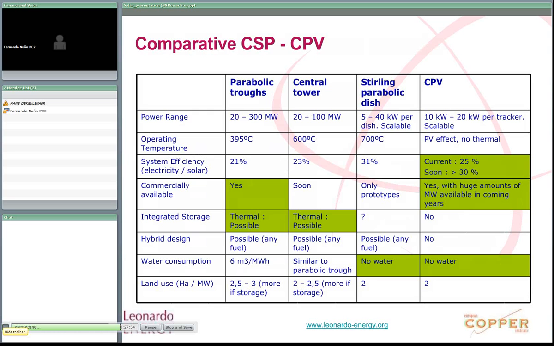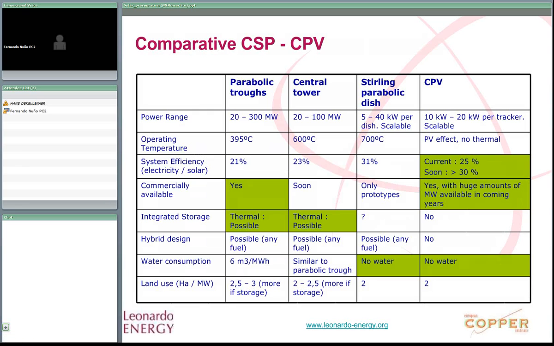This is quite similar to CPV, where each tracker has between 10 and 20 kilowatts, but this is a scalable technology. Concerning operating temperature, it's about 400 degrees today for parabolic troughs, 600 for central tower, and Stirling parabolic dish can operate at 700 degrees.